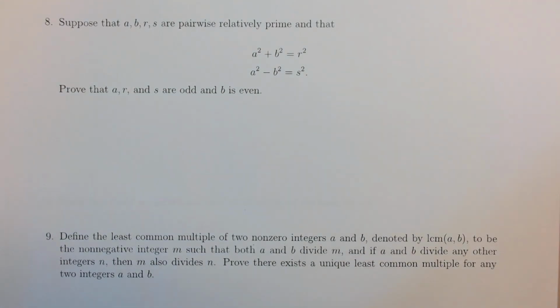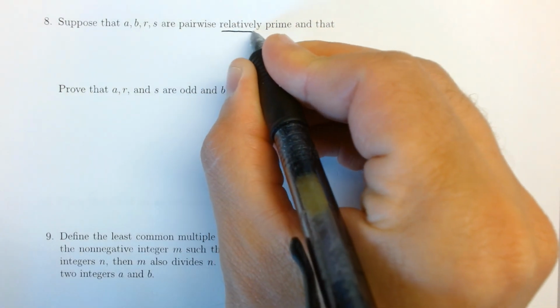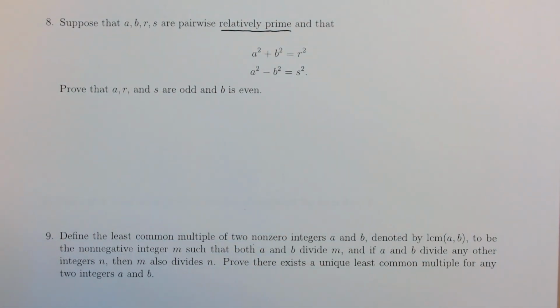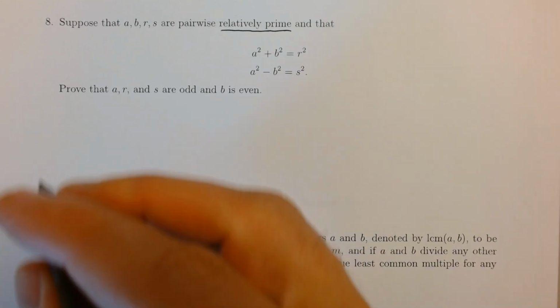So one thing we can say about being pairwise relatively prime is that you can't have more than one of them being even, because then they would have a GCD of at least 2.